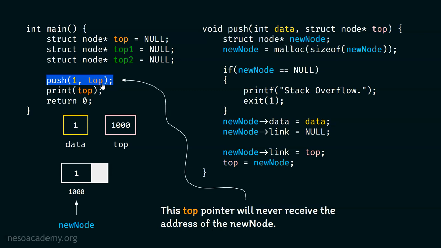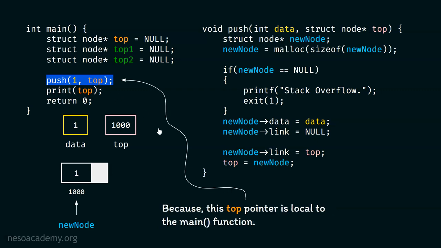Think of this as call by value. Here we are passing the copy of this top pointer to this top pointer. This simply means we are passing the value of this top pointer to this top pointer, and whatever changes we are making here in this top pointer will never get reflected back to this top pointer. That is why this top pointer still remains null.